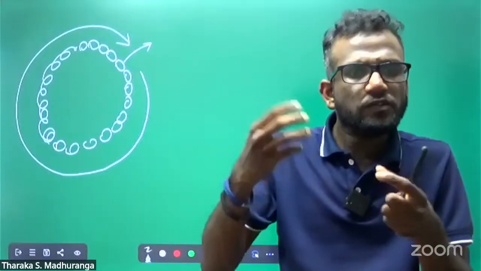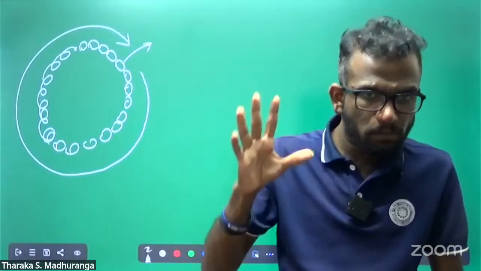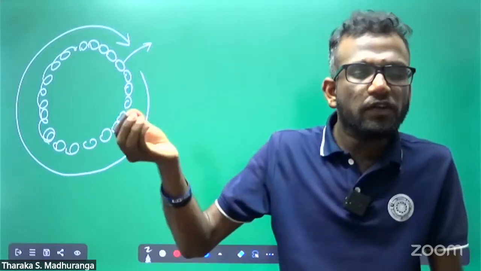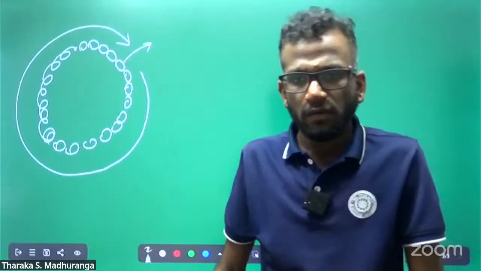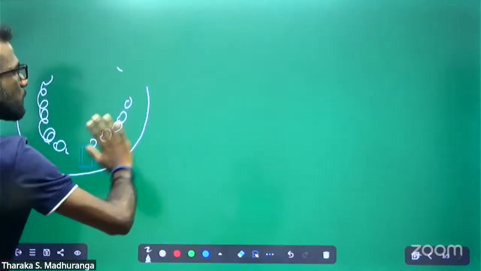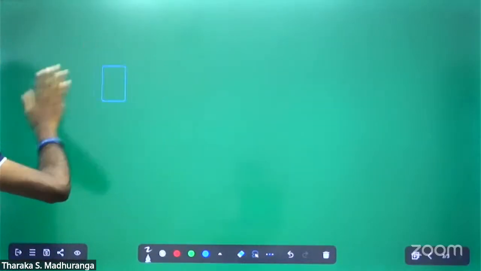The small compounds used to produce the polymer we call monomers. The process of converting monomers into polymers we call polymerization. That's the simple story behind polymers, monomers, and polymerization. I think you understood.